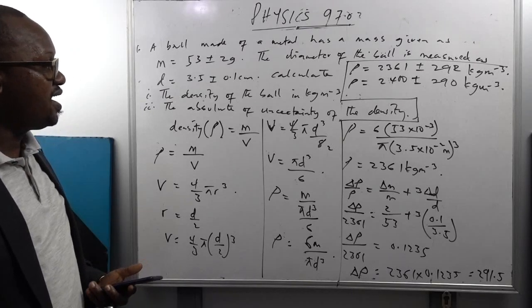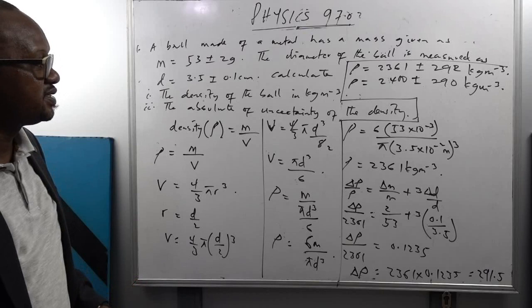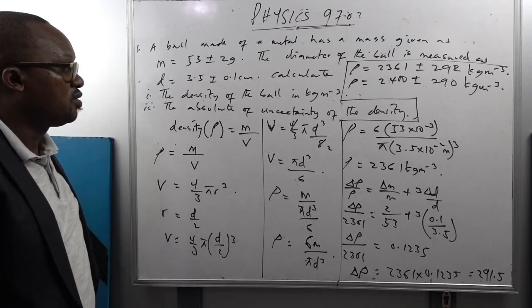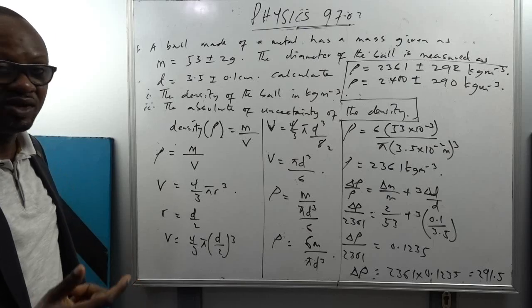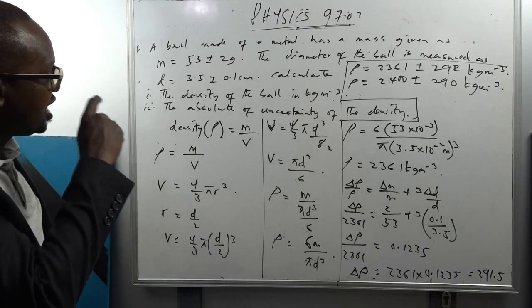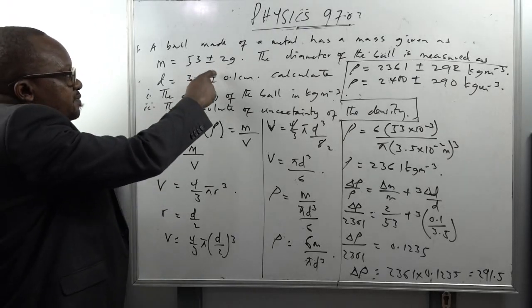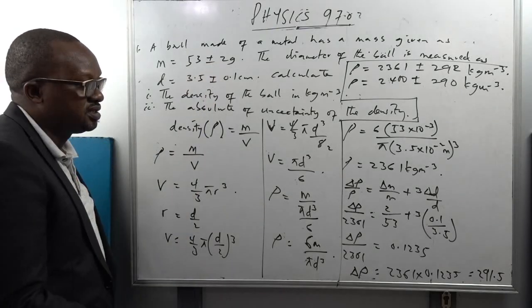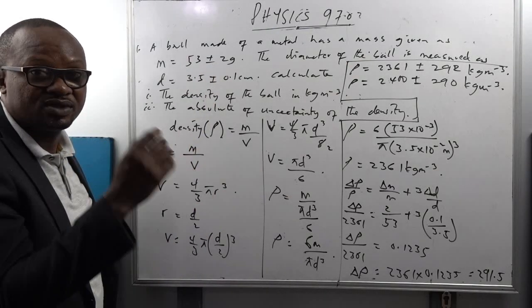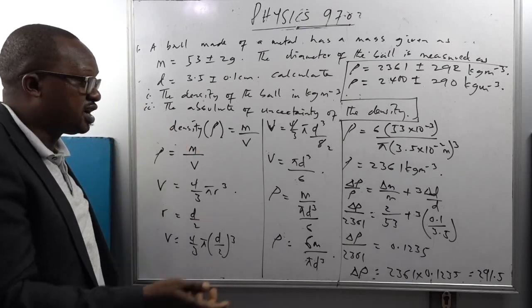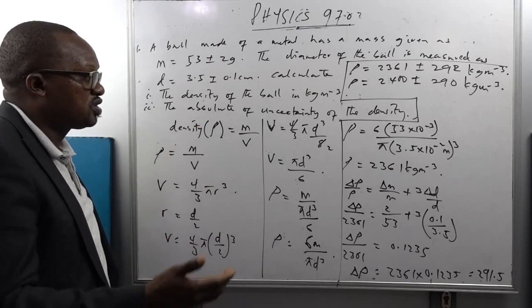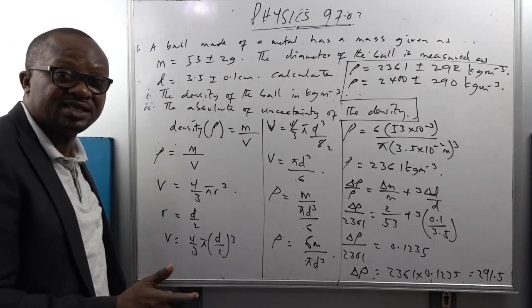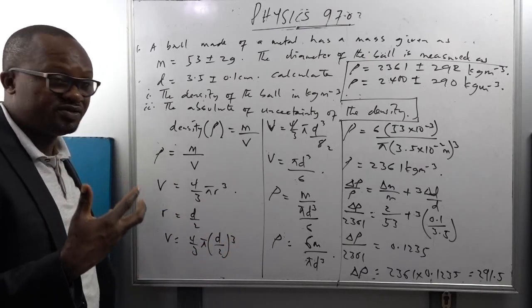You could have calculated for the uncertainty of density by adding the percentage uncertainty, but it will be longer because that will imply that you first find the percentage uncertainty of each of these readings before you then add the percentage uncertainties of the calculated reading. Then from the percentage uncertainty, you can now use that to calculate the absolute uncertainty, looking at what we have done previously.